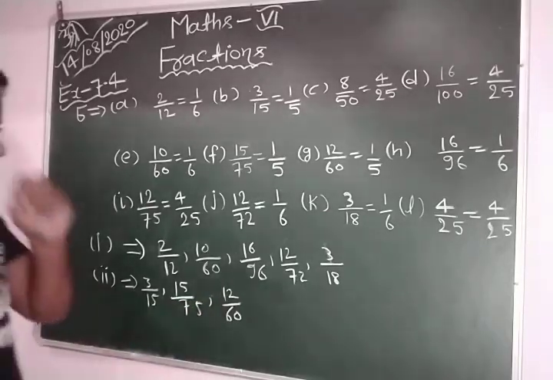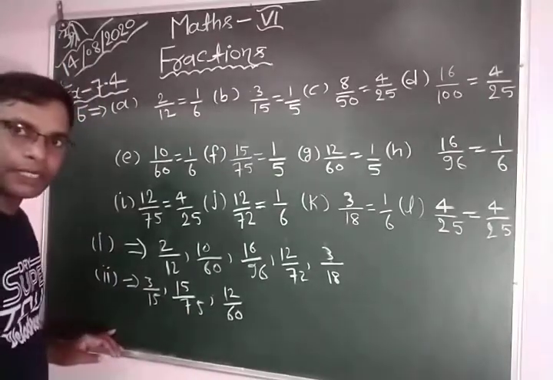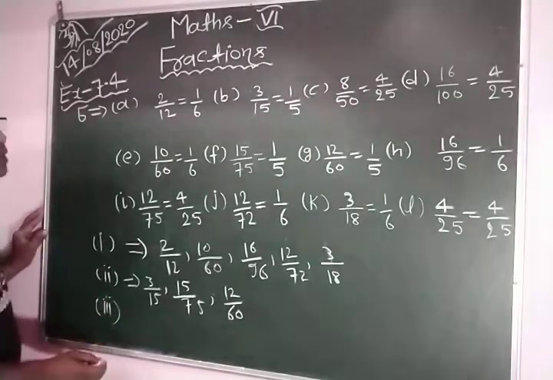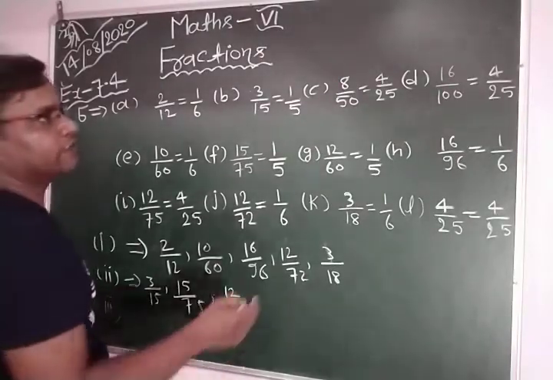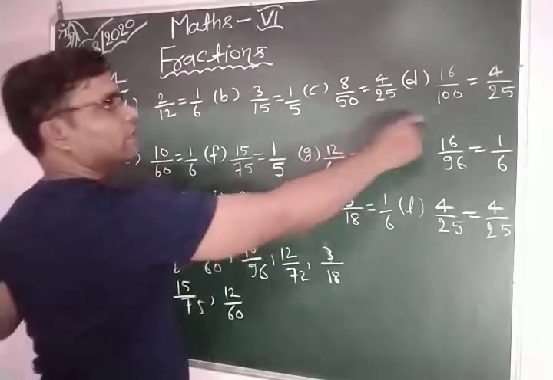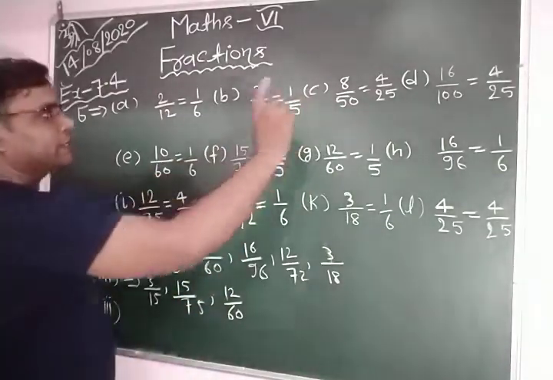Okay. Now next, this is the third group for 4 by 25. So this is 4 by 25, 16 by 100, 8 by 50.